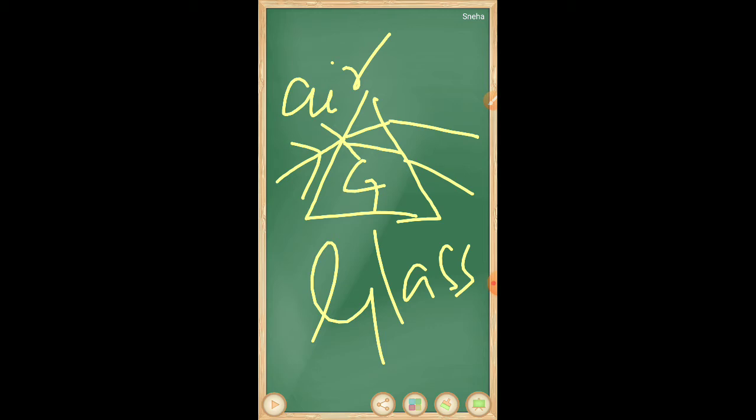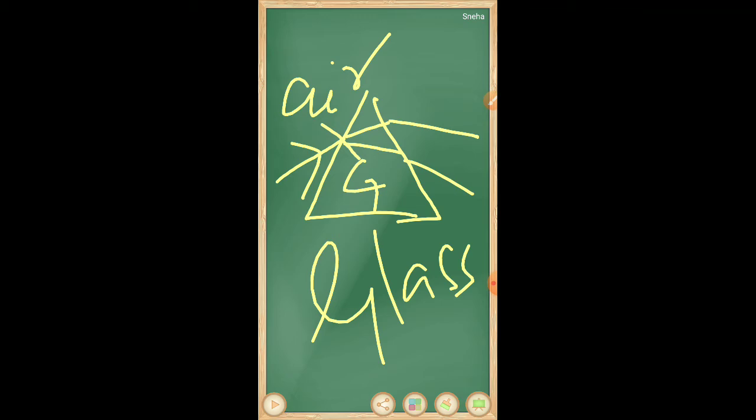So the change in speed of light for different colors is different, and refraction depends on the change in speed of light. Refraction means bending of light, and it depends on the change in the speed of light. Greater the change in speed of light, larger will be the amount of bending.